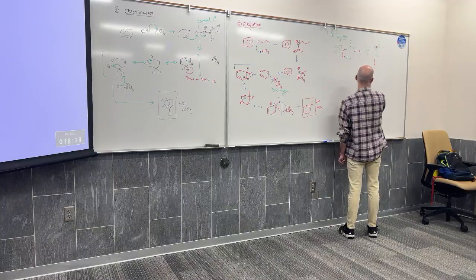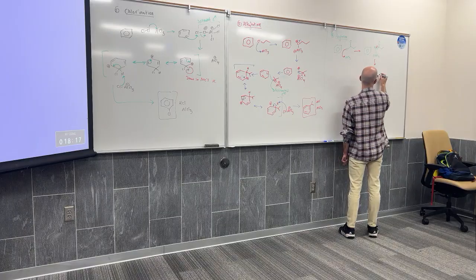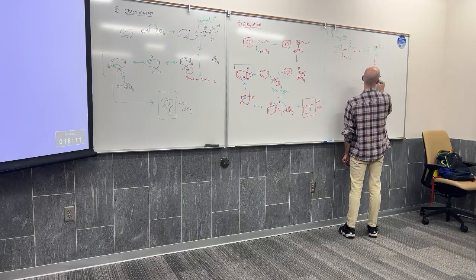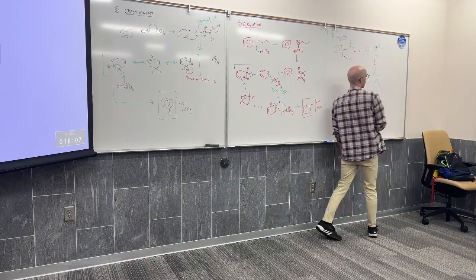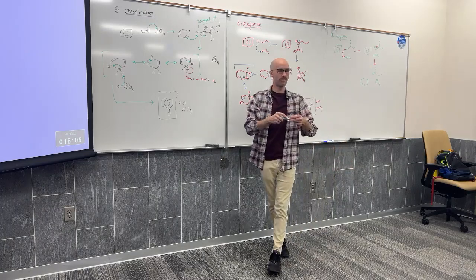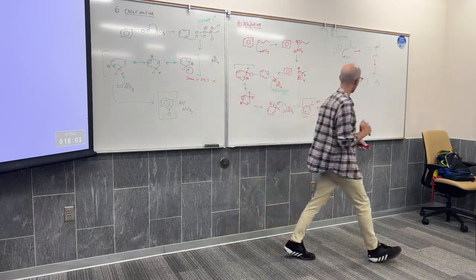Now I'm going to show you a resonance form because I think it's useful to understand the resonance here. I'm also going to do it a bit incorrectly at first so that it helps you make sense of the change that we're seeing.